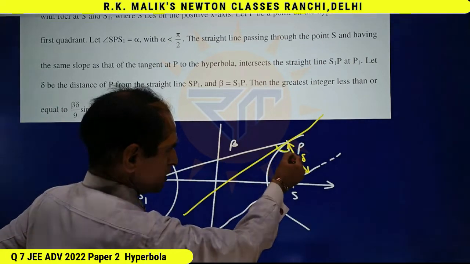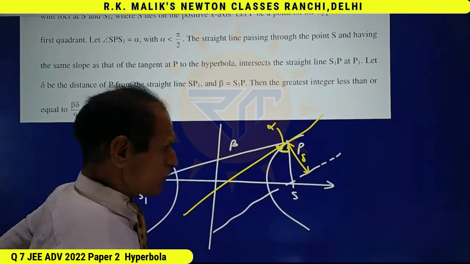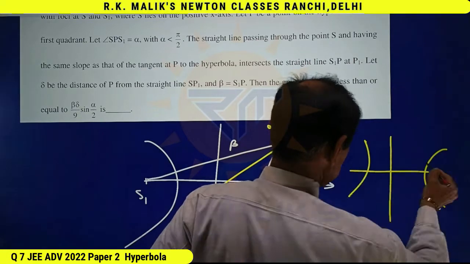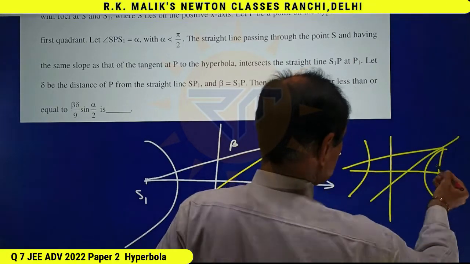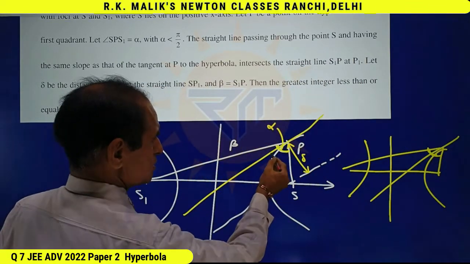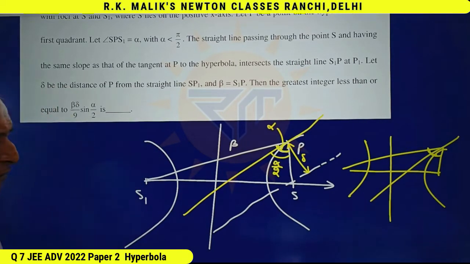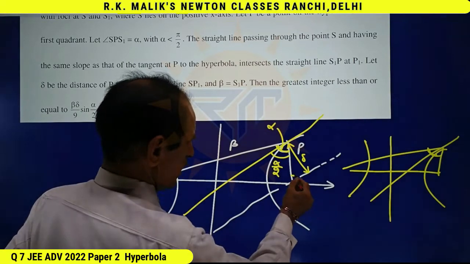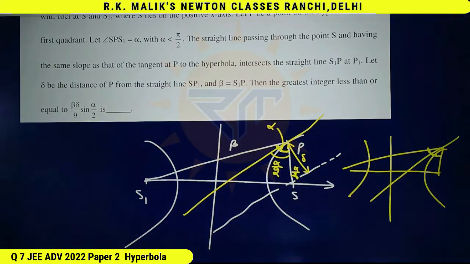This full angle was given to you as alpha, and we know that in any hyperbola the tangent at any point bisects this angle. That is, I can say this angle is sure to be alpha by 2, and because this is alpha by 2, this will also be alpha by 2.